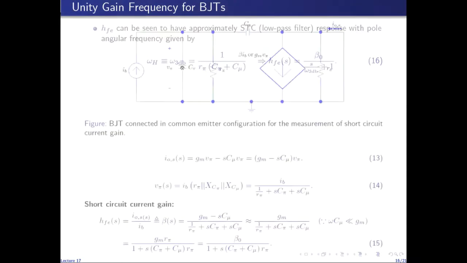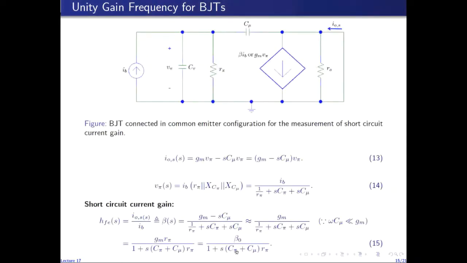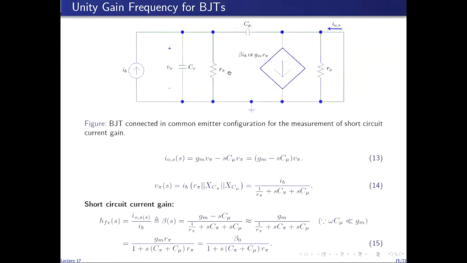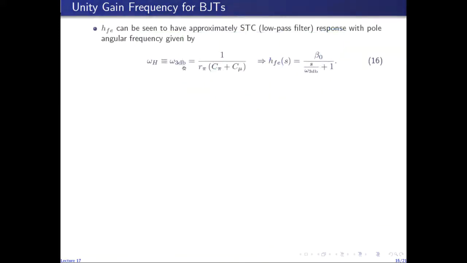So the pole frequency in this case is given by 1 over R pi times C pi plus C mu. So writing this expression in terms of this pole frequency, we can rewrite the short circuit current gain in terms of the mid-band current gain and the 3 dB frequency like this.